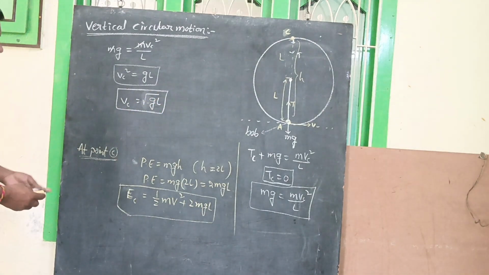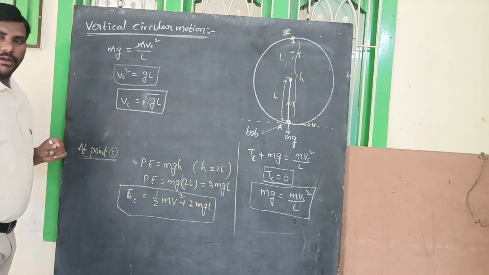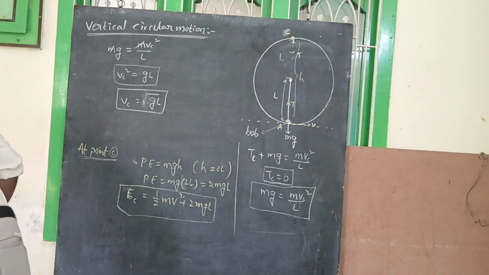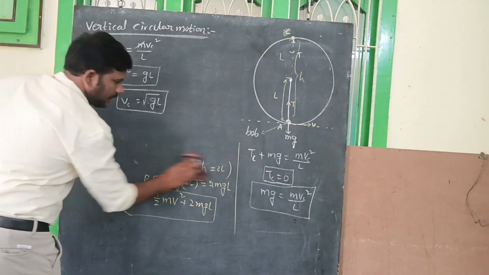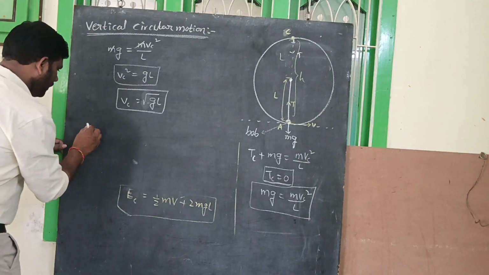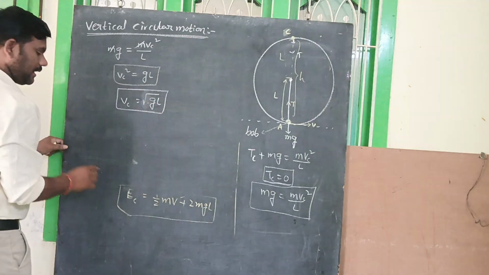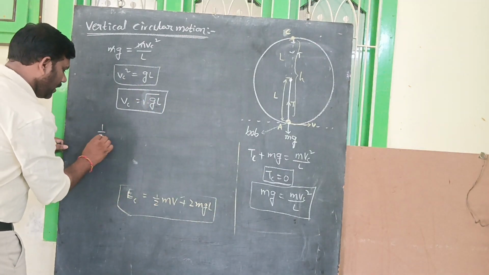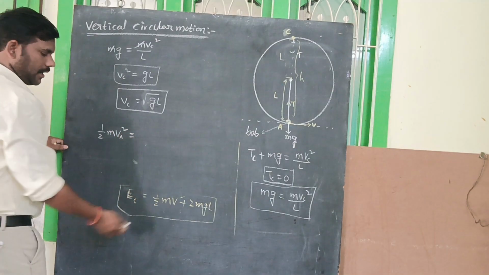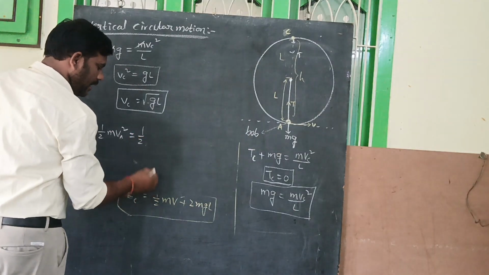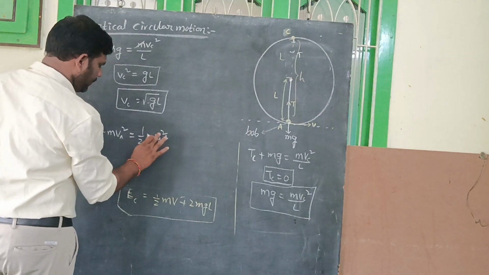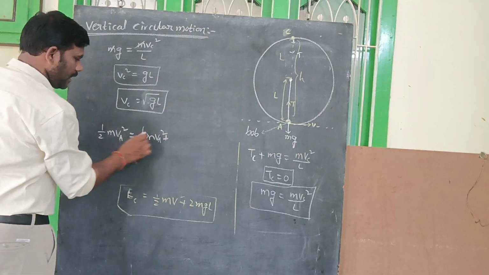Next, we equate the two energies, the energy at the lowest point and the energy at the highest point. So half m v_A square at the lowest point equals half m v_C square plus 2mgL at the highest point.